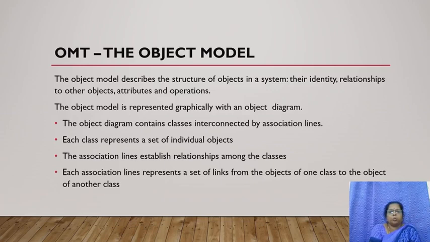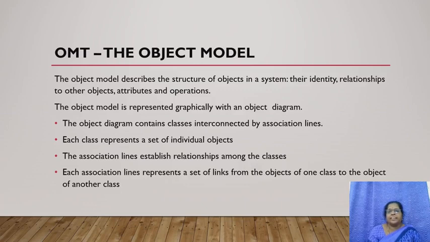First one, the object model. The object model describes the structure of objects in a system, their identity, relationship to other objects, attributes, and operations. It is represented graphically with an object diagram. The object diagram contains classes.